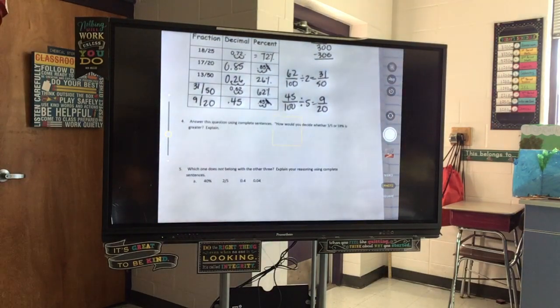Alright, number 4. It says, answer this question using complete sentences. How would you decide whether 3/5 or 59% is greater? So what would you do? Gabby?